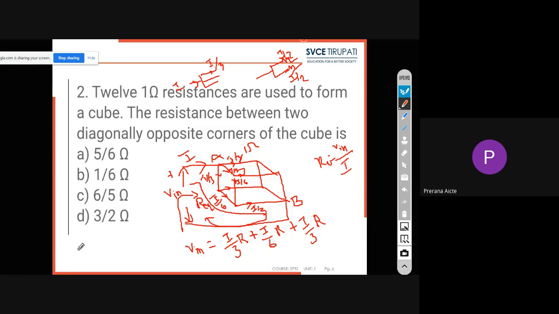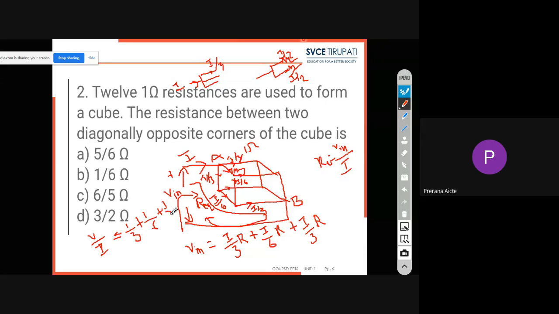Now, which is the common point here? I is the common. I am taking V by I is equal to, they have clearly given, what is the R value? What is the given resistance value of each branch? 1 ohm. Yes or no? So this value becomes 1 by 3 plus 1 by 6 plus 1 by 3.